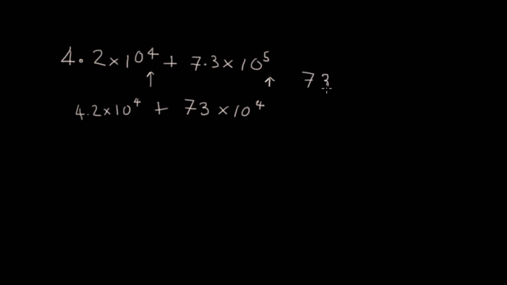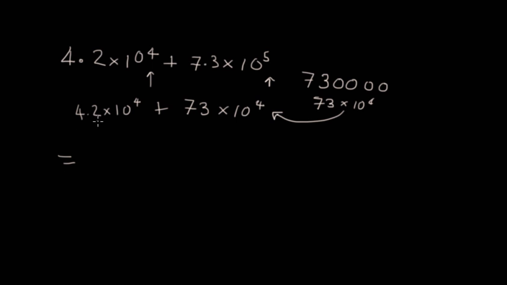So this is 1, 2, 3, 4, 5. So instead of having power 5, it would be 73, 1, 2, 3, 4 times 10 to the 4. That's what we've got here. Now, this is easy to add.